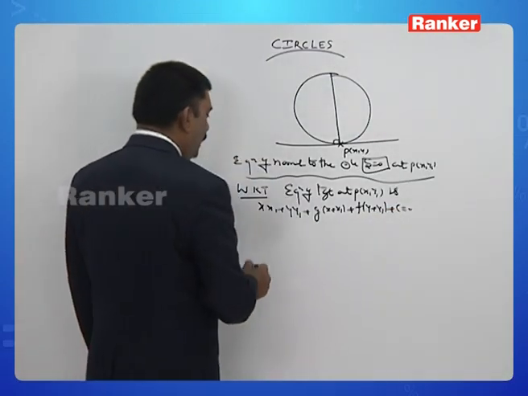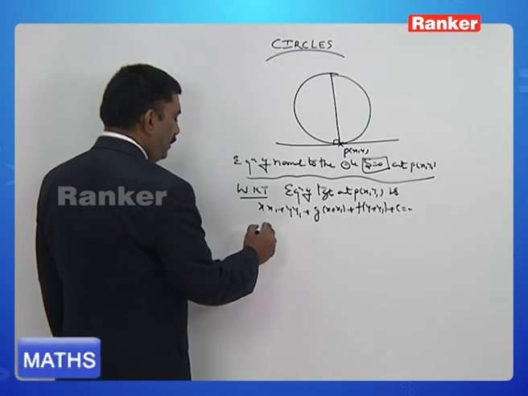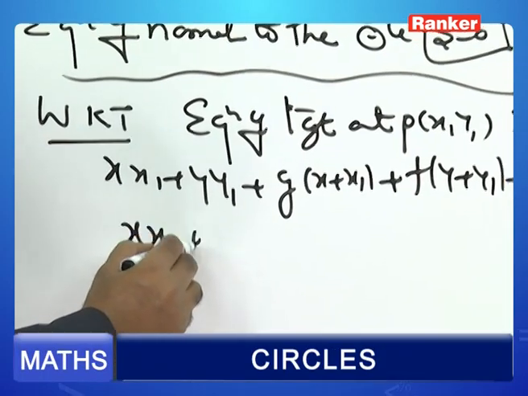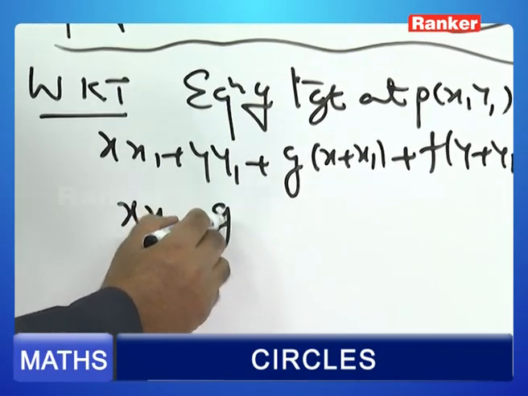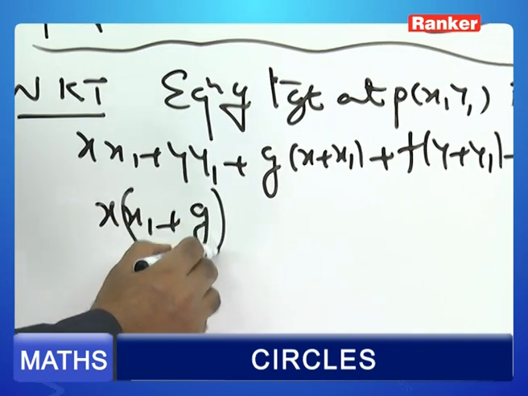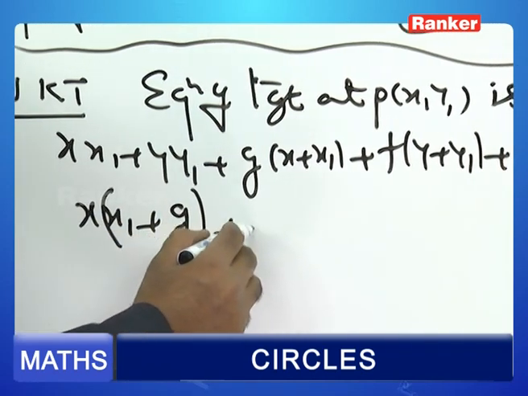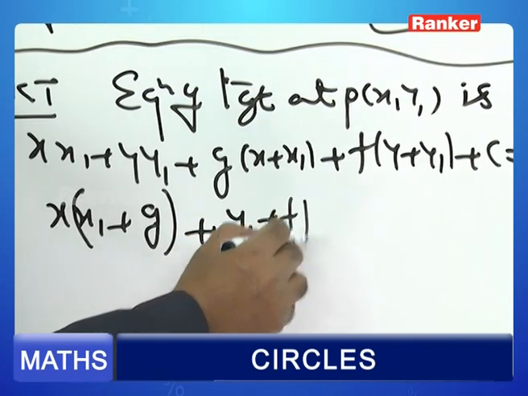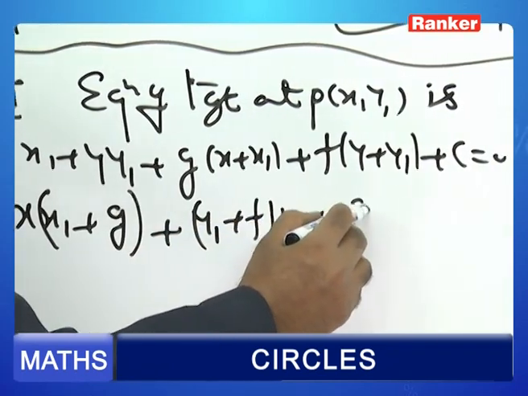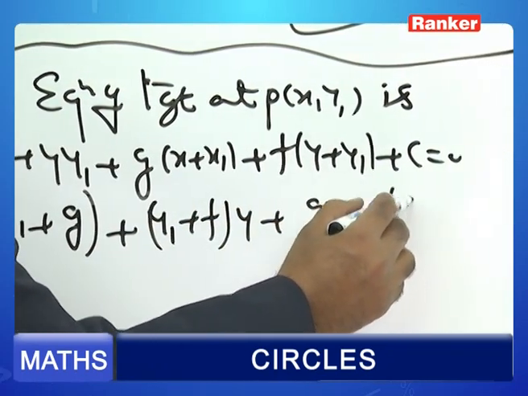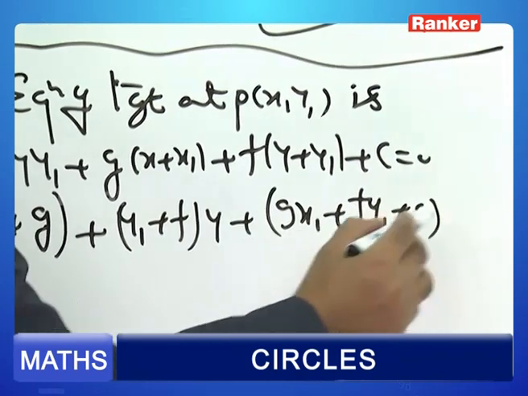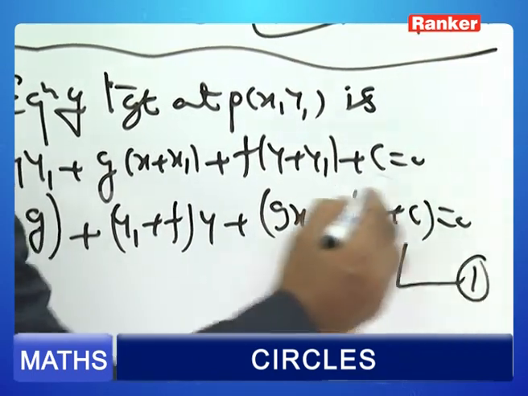So therefore, I can write this as xx1 plus g into x plus x1 plus y1 plus f into y, and the remaining is gx1 plus fy1 plus c is equal to 0. You call it as 1.